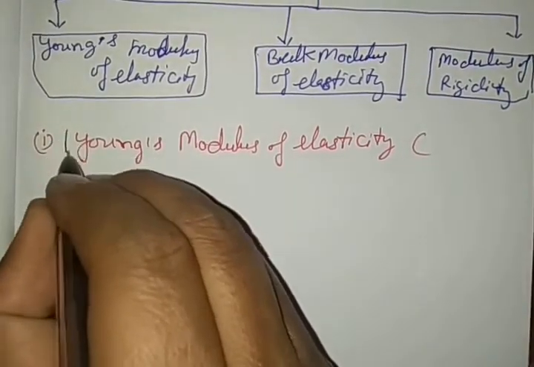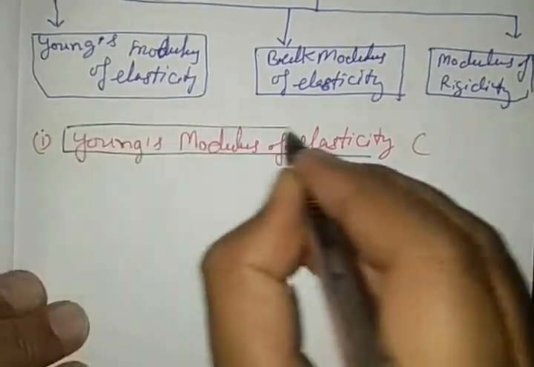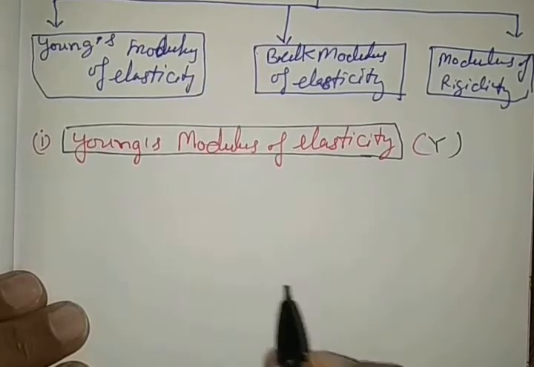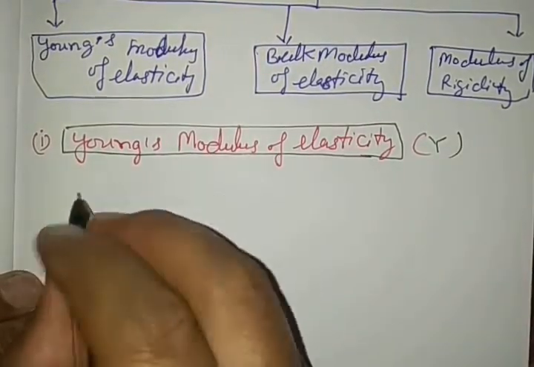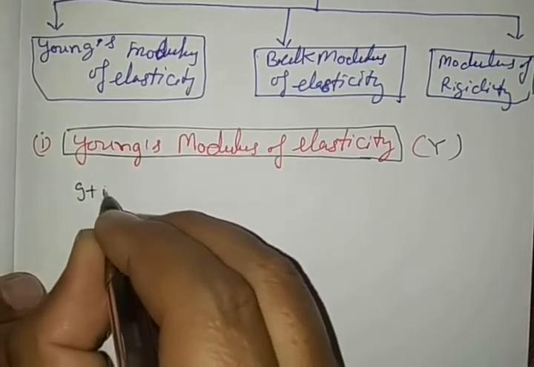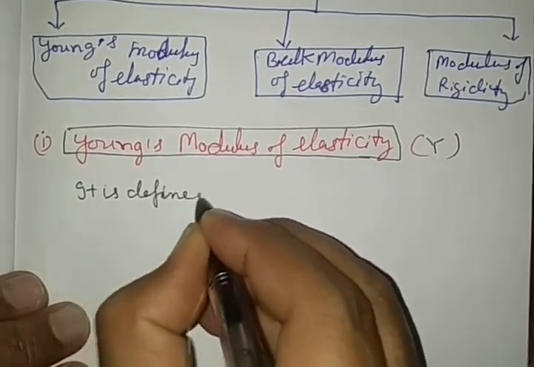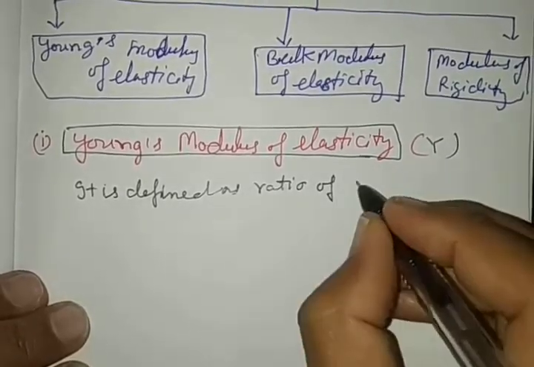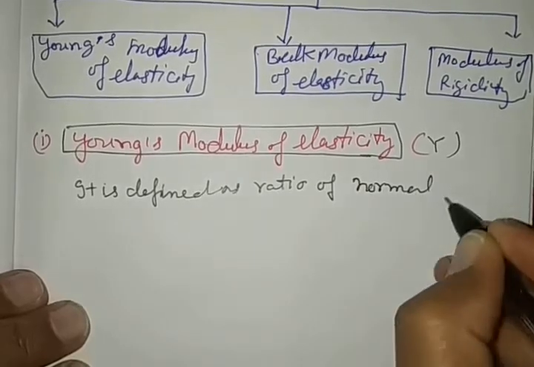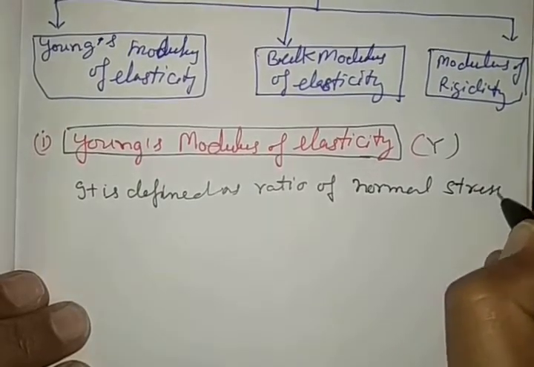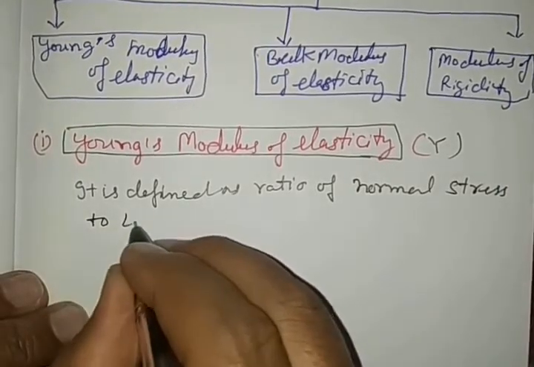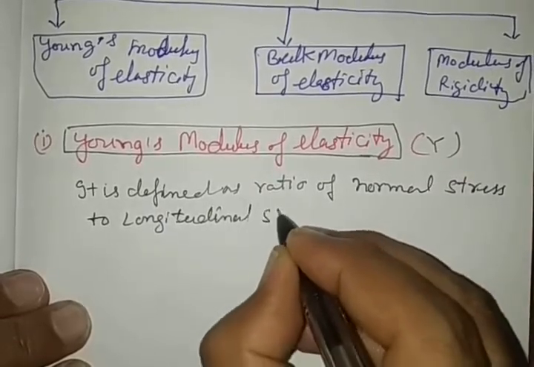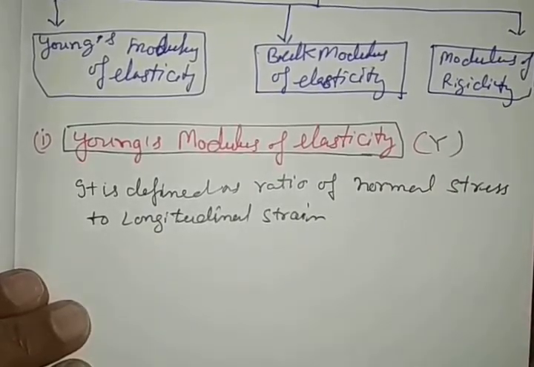So the first one we are going to see is Young's modulus of elasticity. This Young's modulus of elasticity is denoted by gamma, and it is defined as a ratio of normal stress to longitudinal strain.